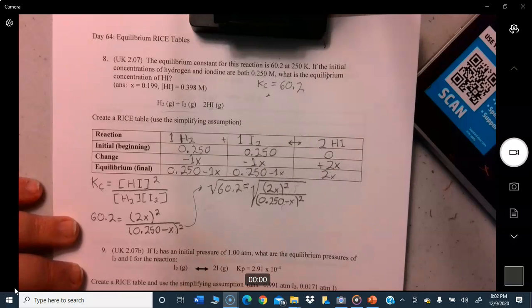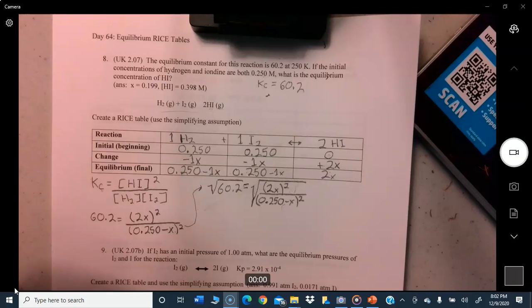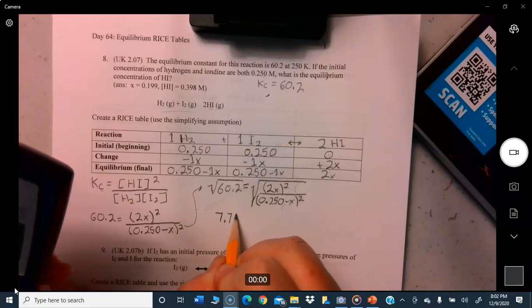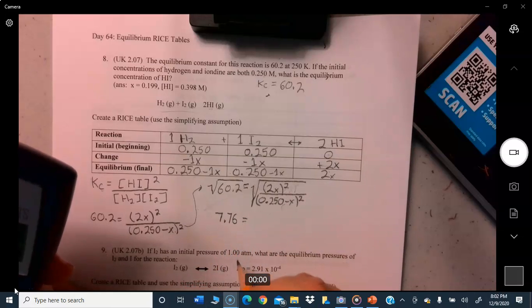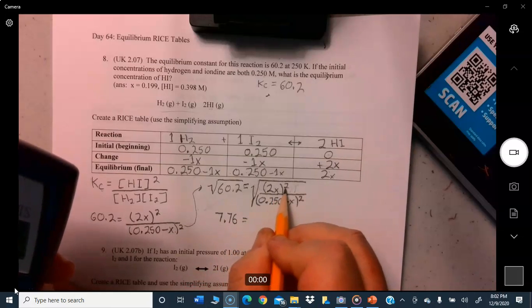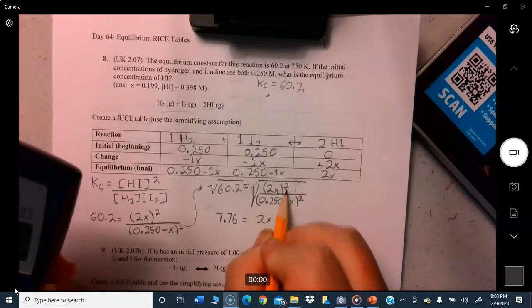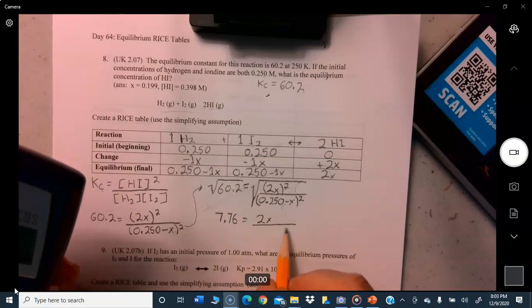Okay, and I'll move down here. I'll take the square root of 60, figure out what that is. And I get 7.76. And on this side, I simply get the 2x squared square root is just going to be 2x. So the square root erases that square. Same thing on the bottom. The square root erases that square, so it's simply this.